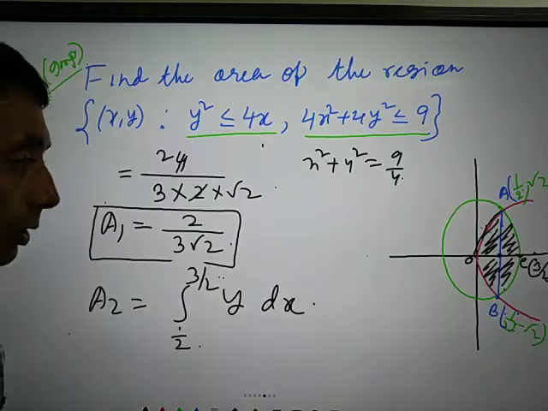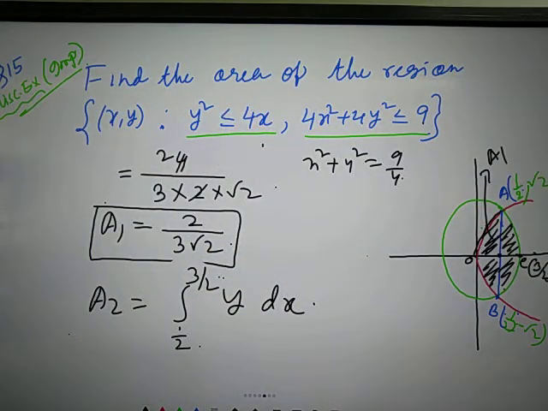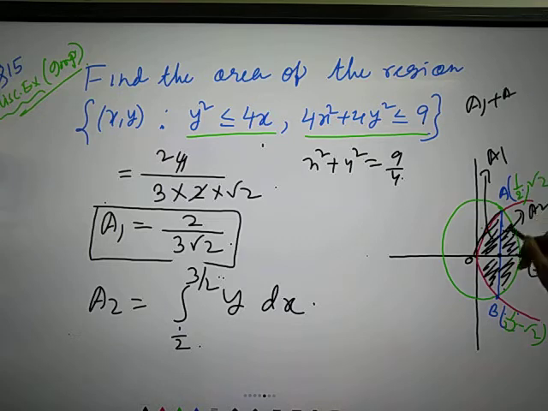This one area is A1, and the second area is A2. If you find A1 plus A2, you'll get the area of the whole shaded portion in the first quadrant. And if we multiply by 2, we will get the whole portion.